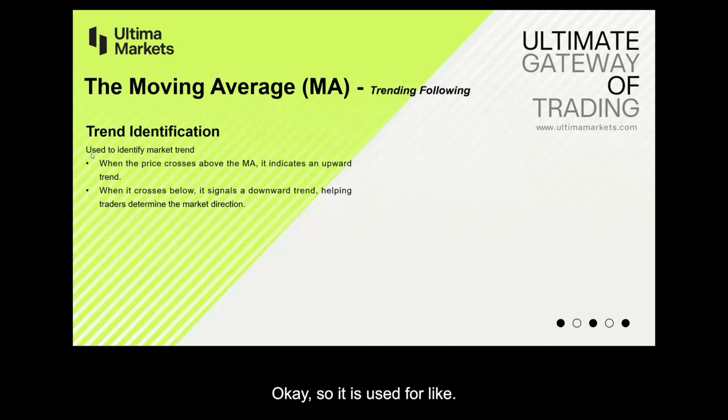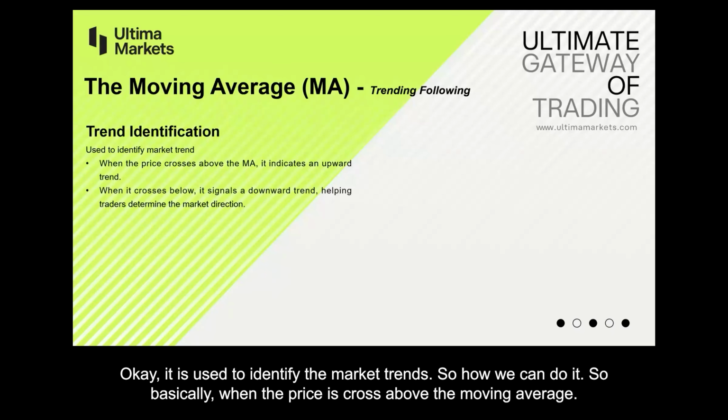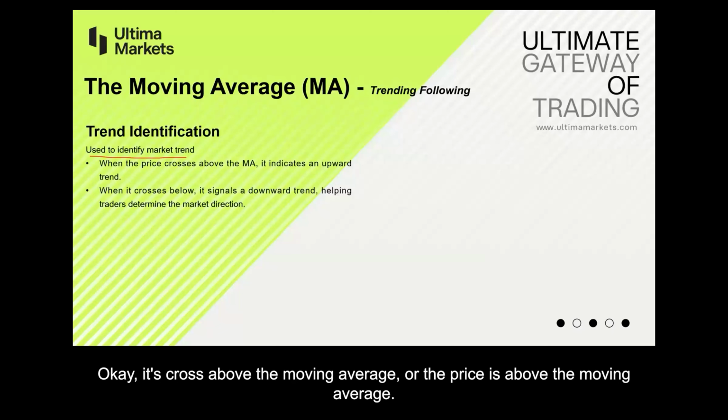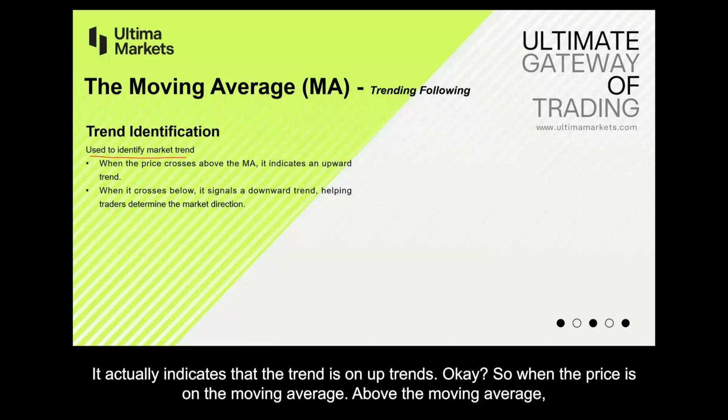It is used to identify the market trends. So how can we do it? When the price crosses above the moving average, or the price is above the moving average, it indicates that the trend is an uptrend.